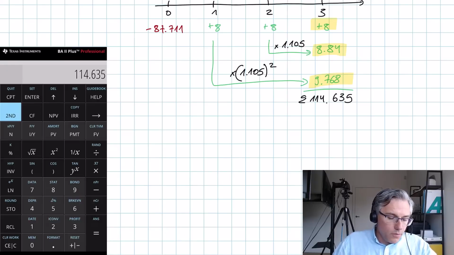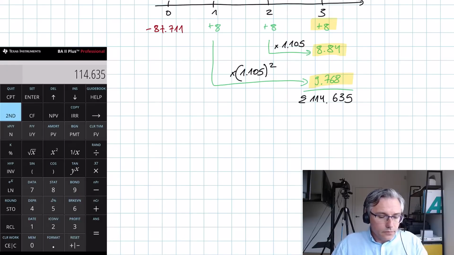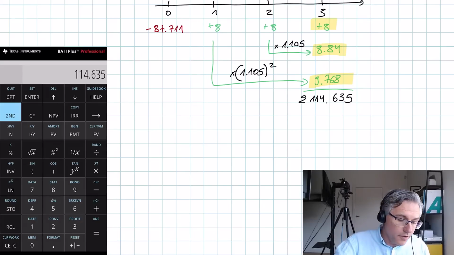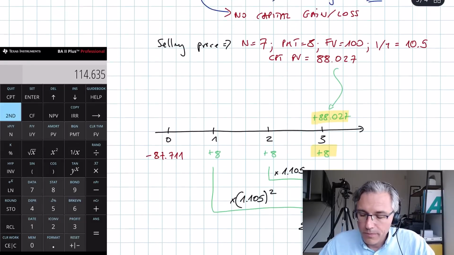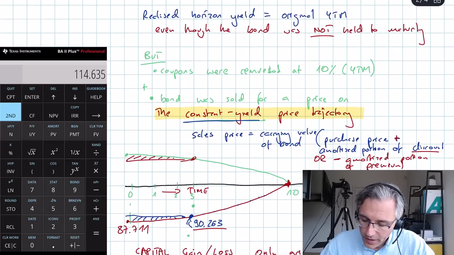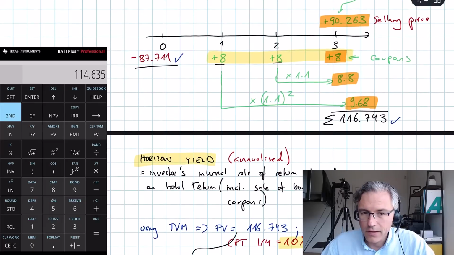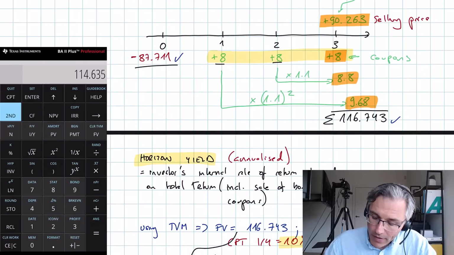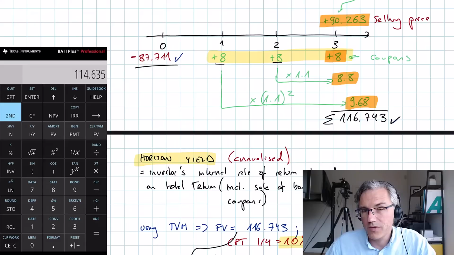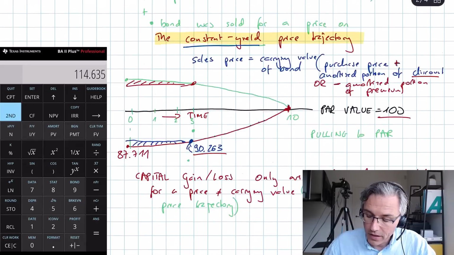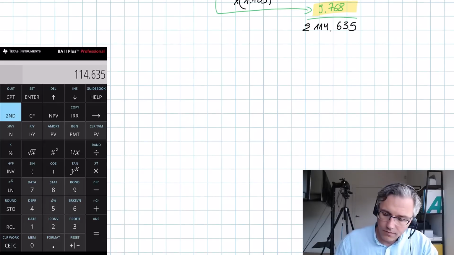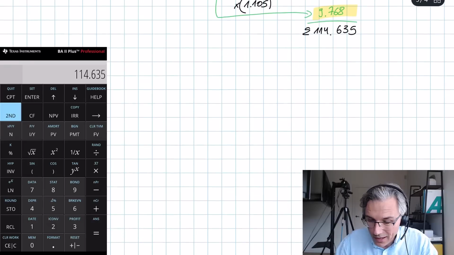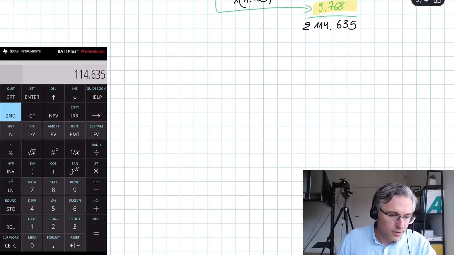And just like before, I want to see what's going to happen to our horizon yield with this sum of cash flows. Nevertheless, we can already make some initial comparisons relative to what we calculated before. In the previous version, we had a grand total down here of 116.743 for the cash flows. This time around, it's a lower grand total. And it was still the same purchase price. So we'll definitely have a horizon yield that will not be as high.